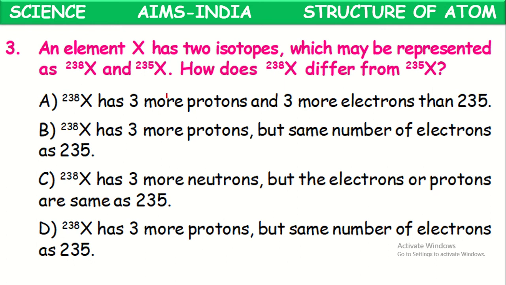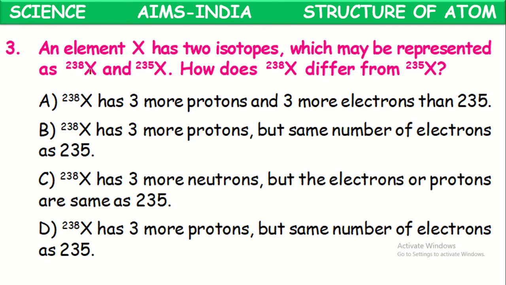Let us see the number of neutrons of X238. Both differ in the number of neutrons. As the number of neutrons differs, their mass numbers are different. These two have the same atomic number, the only difference is in the number of neutrons. One has nucleon number 235 and the other has nucleon number 238.